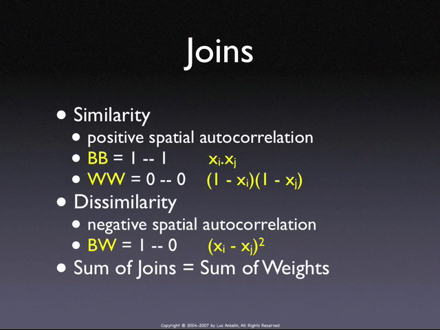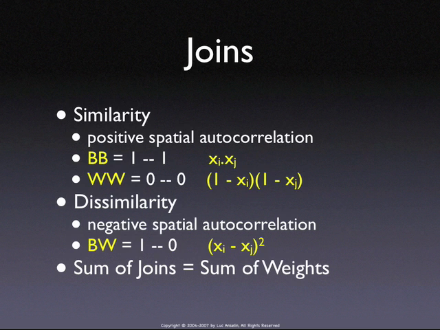So that's the exact complement of the previous situation where we just multiplied the 1s. Here we're just turning the zeros into 1s and then multiplying. So the WW join count will count the number of situations where two neighboring locations each have a 0, and we count them by taking (1 minus x_i) times (1 minus x_j).